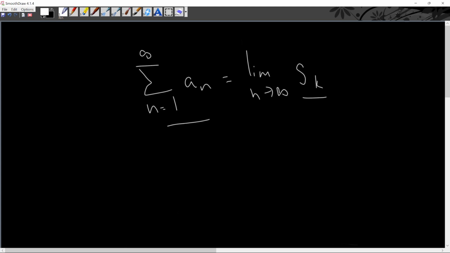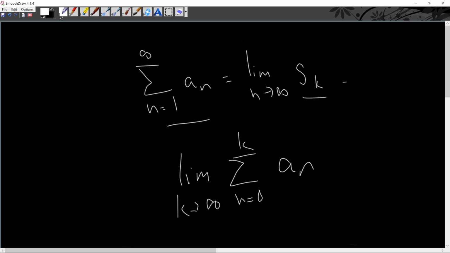And a series, if it is equal to the sequence of partial sums, if this limit exists, then this series exists. And you can also write this as the limit as k approaches infinity of the sum starting at n equals 0 to k of a sub n, right?